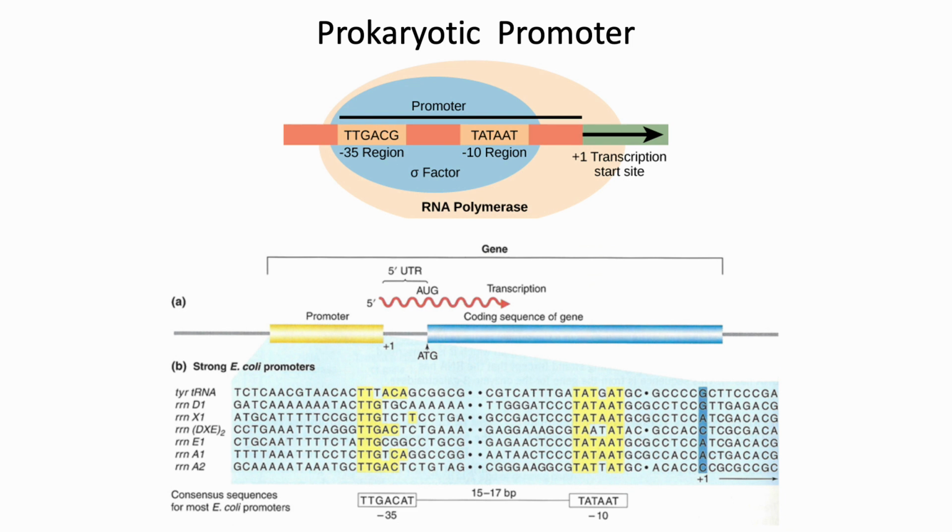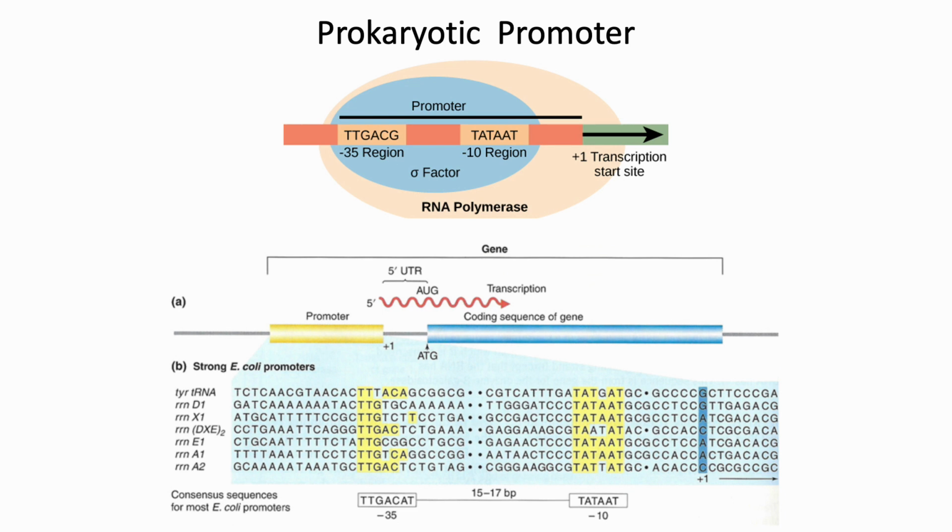In prokaryotes, the promoter consists of 2 short consensus sequences, one at -10 and another at -35 position upstream of the transcription start site. The consensus sequence at -10 is known as the -10 element and usually consists of the 6 nucleotides TATAAT. This element is essential to start transcription in prokaryotes.